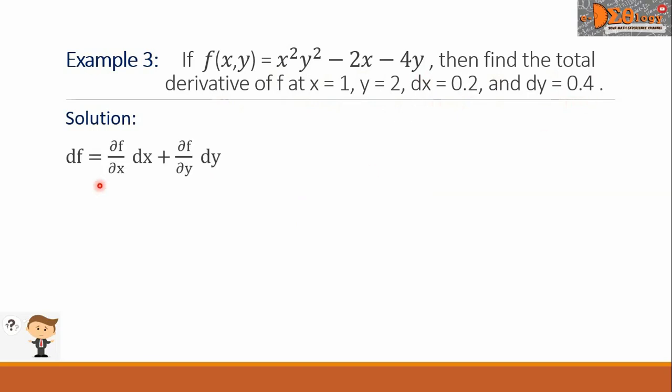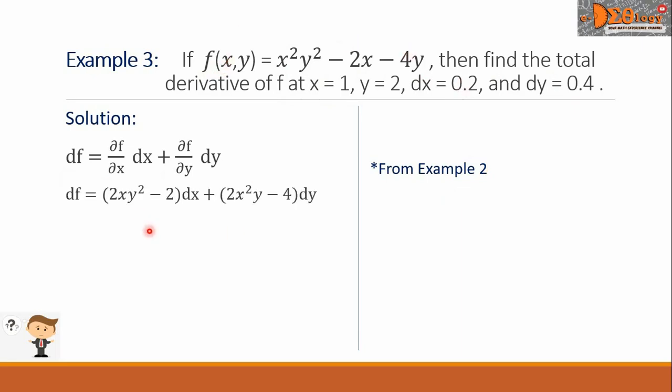Let us write the formula for total derivative or total differential. Please remember that this function is the same from example 2. We are able to get the value of the differential. We'll just copy it down here.